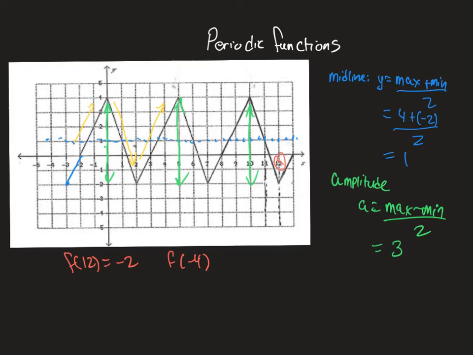Right after the minimum each time, it ends up going up to 1. At 2 is my minimum. At 3, it's at 1. So 2 points later, it's always at 1. So if at negative 2 it's at 0, then at negative 4 I should be at 1.